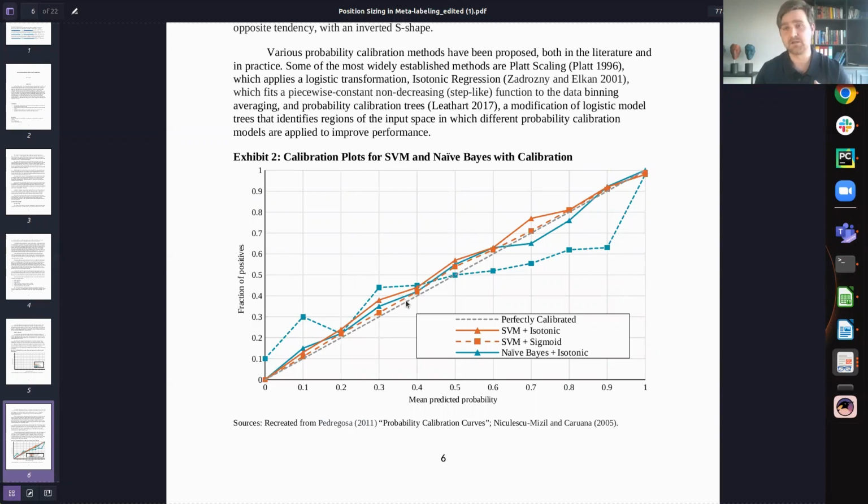One is using isotonic regression, and the other one is Platt scaling. Isotonic regression means it's a monotonically increasing function that you fit with regression, and then you calibrate it closer to the true values. While in Platt scaling, you use a sigmoid transformation to also calibrate the probabilities a bit better.